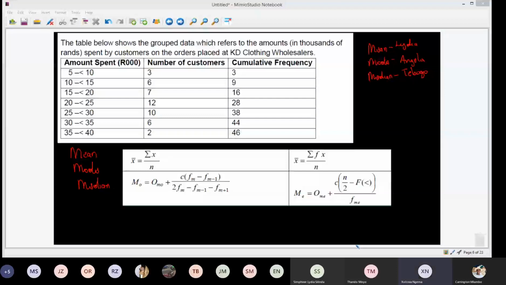Sir. Yes. For the midpoint, do you round off to the nearest? For the midpoint, no, don't round off. Just leave it as a decimal number. I think it's one decimal number. Any question?